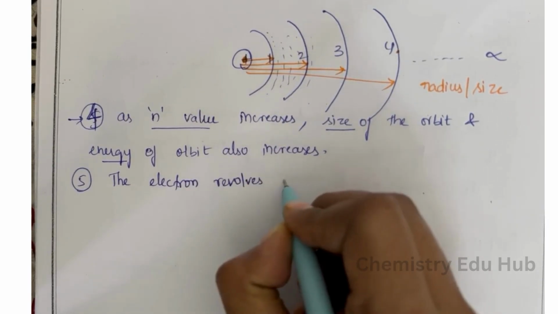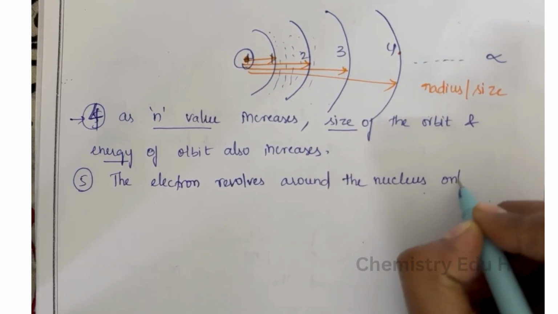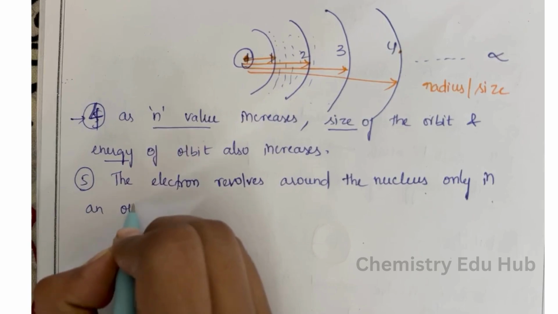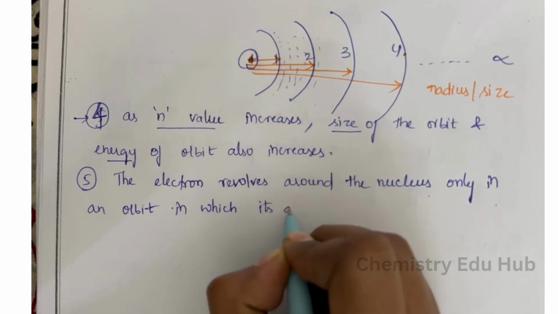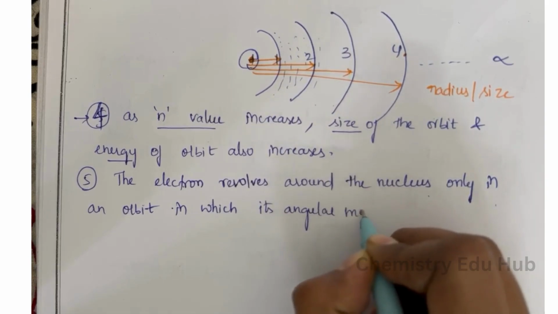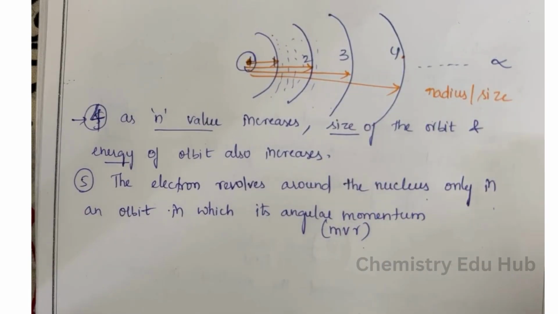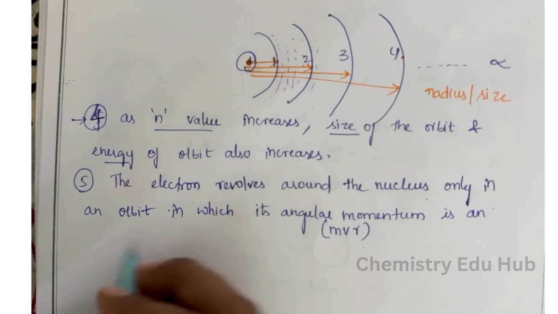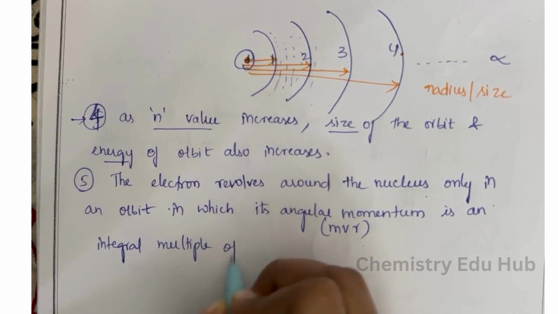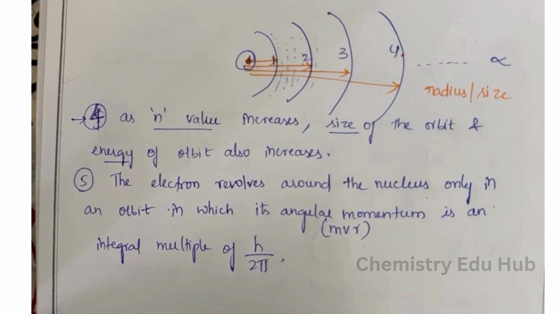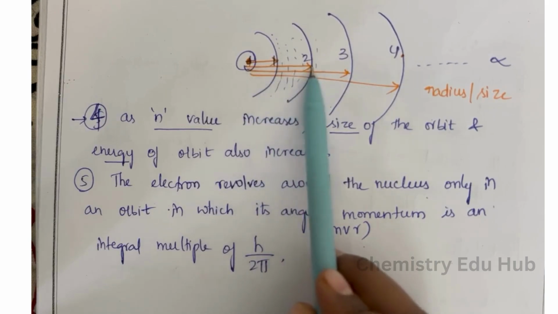Electron revolves around the nucleus only in an orbit in which its angular momentum value is, angular momentum is mvr, linear momentum is mv, is an integral multiple of h by 2 pi.